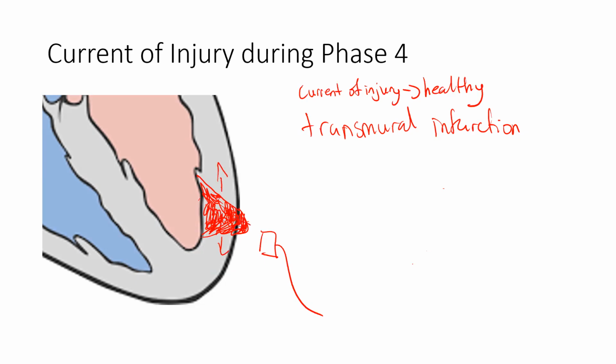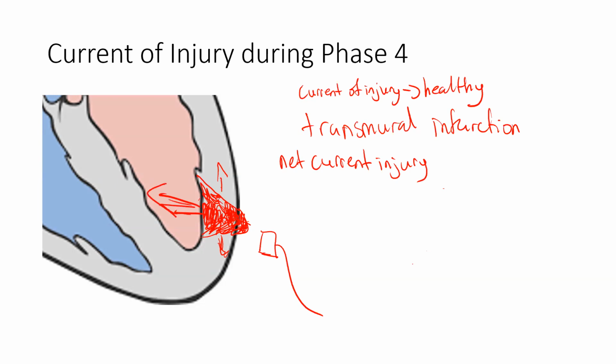It's no longer going towards the lead itself because the entire portion is affected. So it's going to go towards the sites that are healthy, and it's going to create a net current of injury in this phase 4 that's going away.